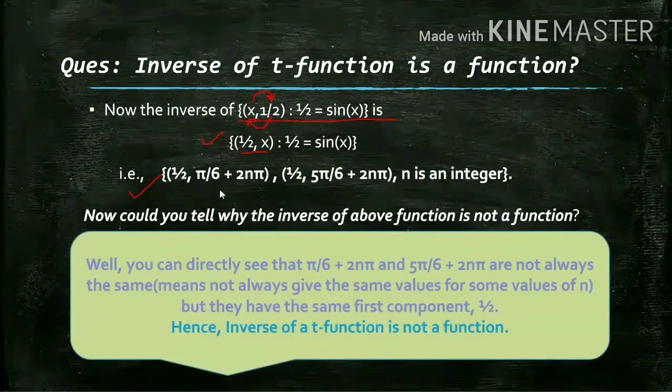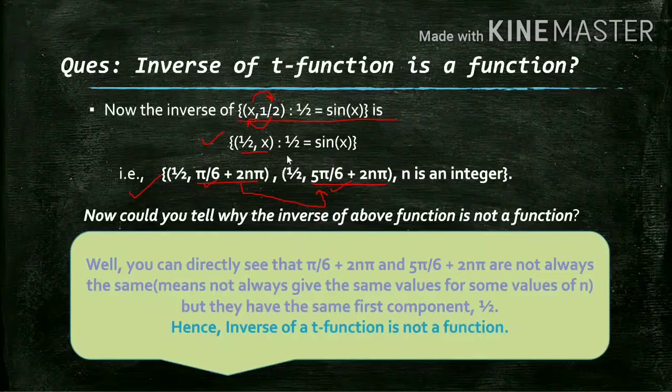For a function, what we want is that two different ordered pairs must not have the same first component. Now, here I can consider the pairs having the components pi by 6 plus 2n pi and 5 pi by 6 plus 2n pi. Now, these are not always the same. Suppose I take n equal to 0, then it would be 5 pi by 6 and it would be pi by 6. Right?